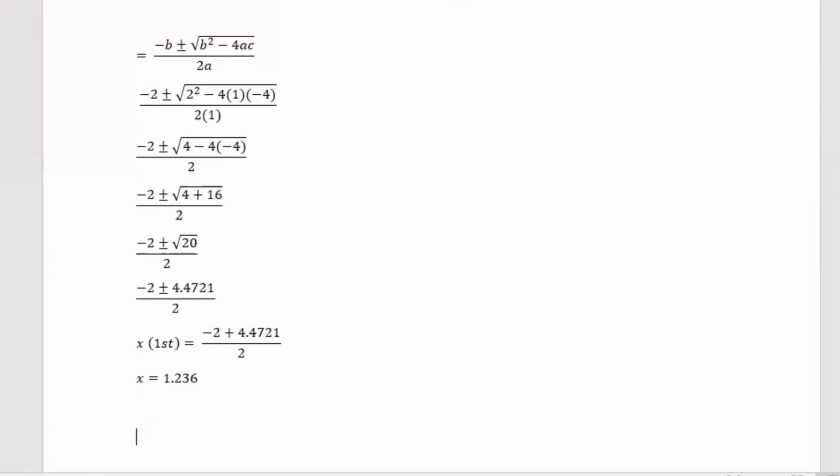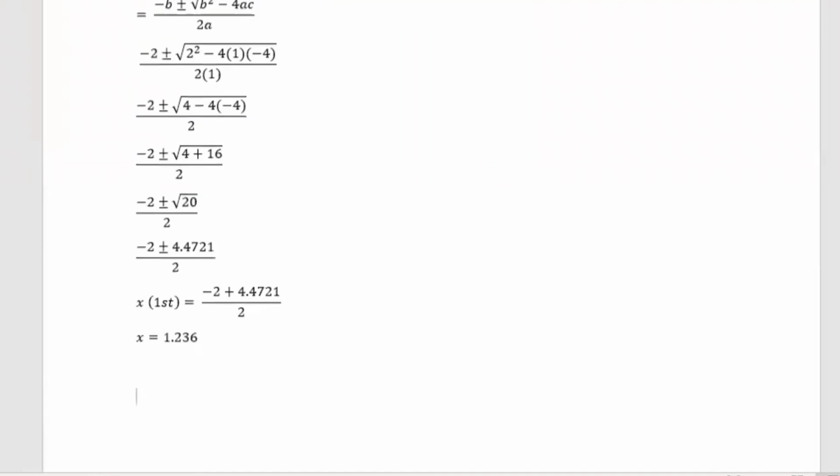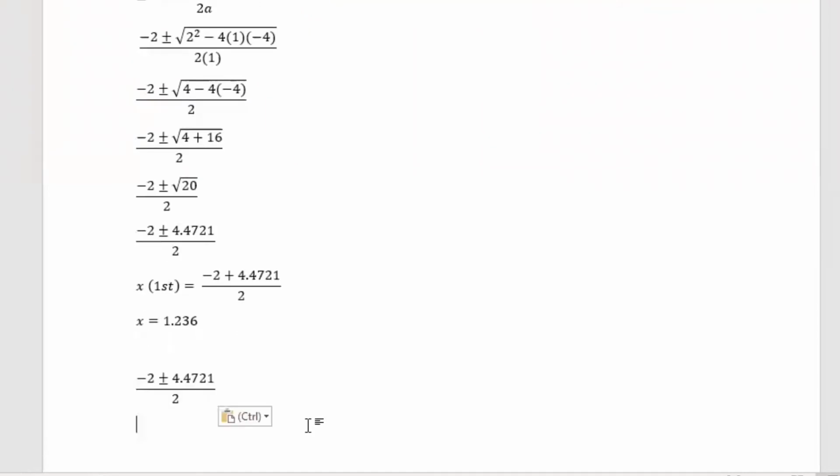So now looking for our second x value, our x, which is our second x value, is equal to, so this one will be the negative 2 and this will be minus.